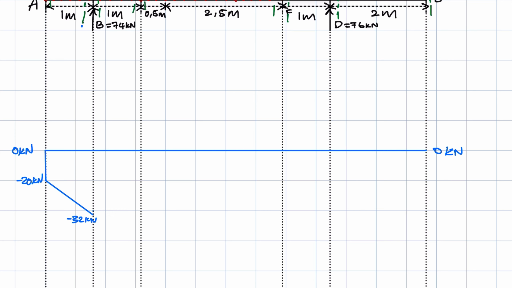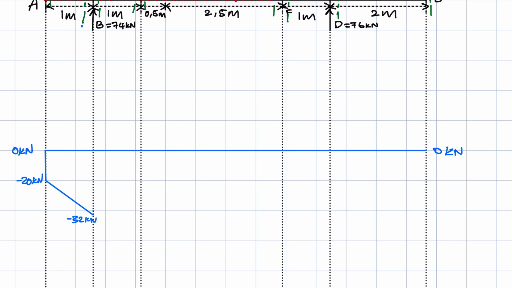Then we move on to our next section, which is this one, and consider forces between our last section and our current section, bearing in mind that our reference point is now what? Minus 32. So the only force that gets added or subtracted is the reaction at support B, which is positive 74 kilonewtons. So we say the negative 32, then we add the 74, and we get what? 42 kilonewtons.